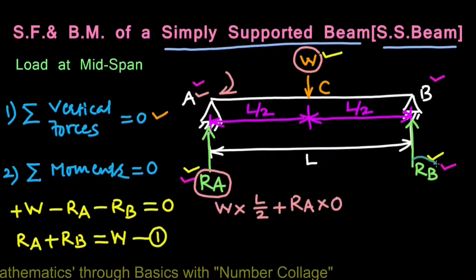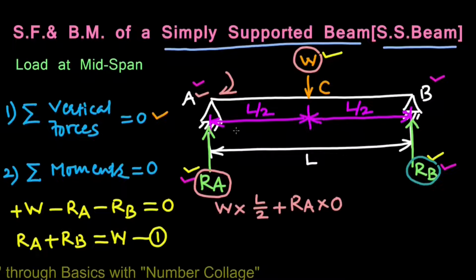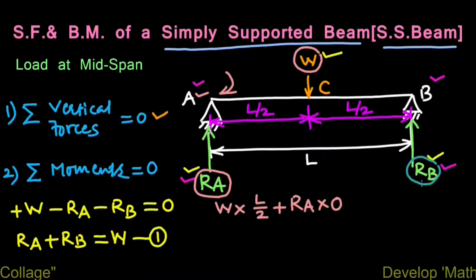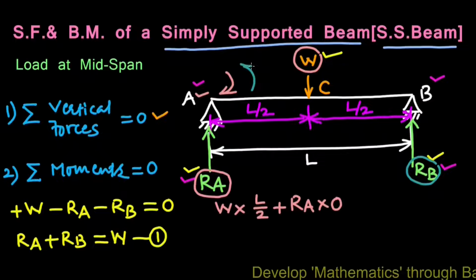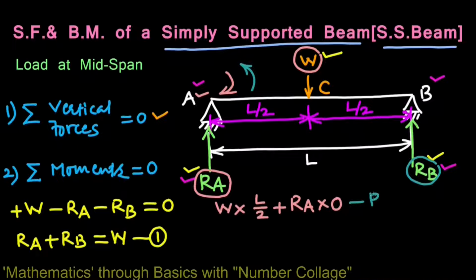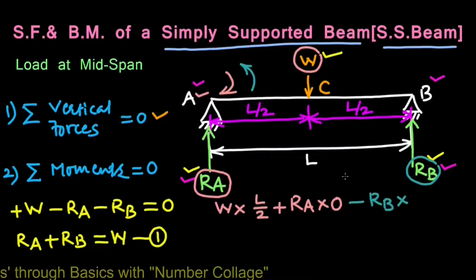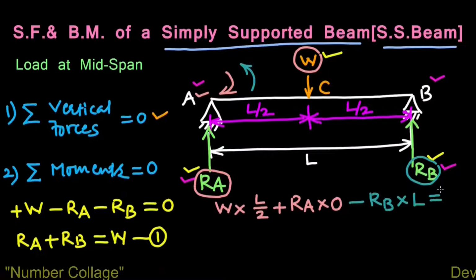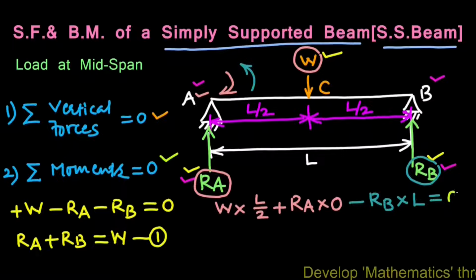Moment of reaction RB about point A will be anticlockwise because RB has tendency to rotate this beam in anticlockwise direction about point A. So we write this as minus RB multiplied by its distance from point A, which is L. Now this sum, according to the second rule, sum of moments equals 0, will be 0.